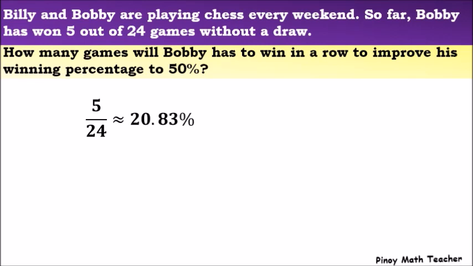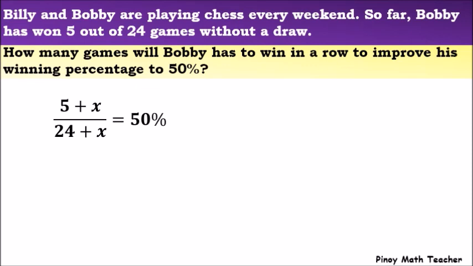So, 5 over 24, that is approximately equal to 20.83%. Ang gusto nating malaman ay kung ilang games yung kailangang maipanalo ni Bobby ng sunod-sunod para mag-improve ang winning percentage niya to 50%. So, gamit ang rational equation na (5 plus x) over (24 plus x) equals 50%.